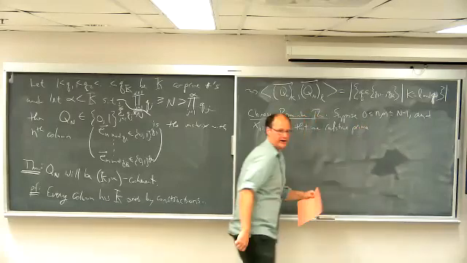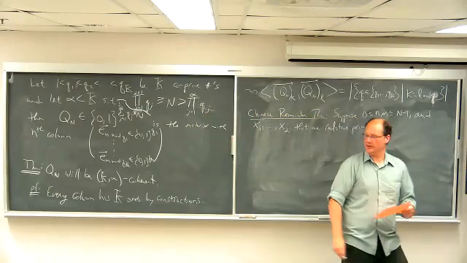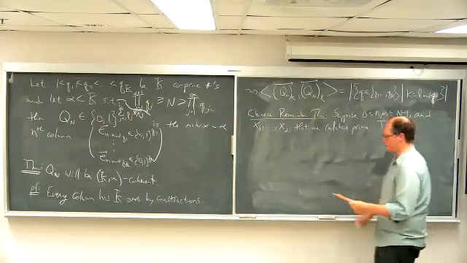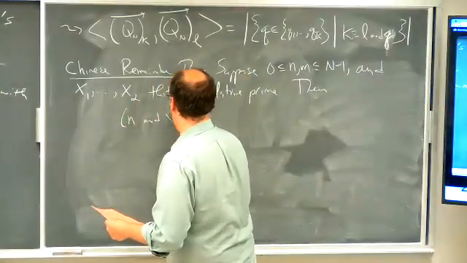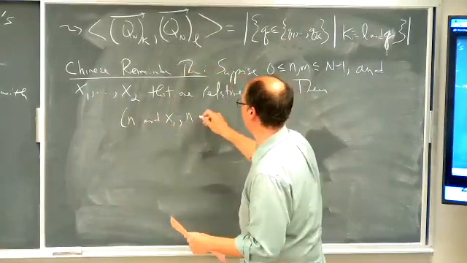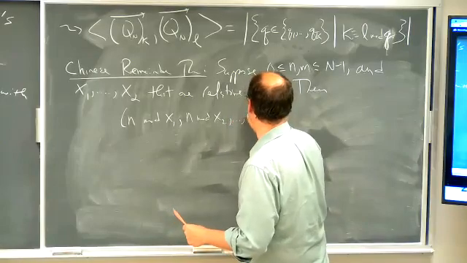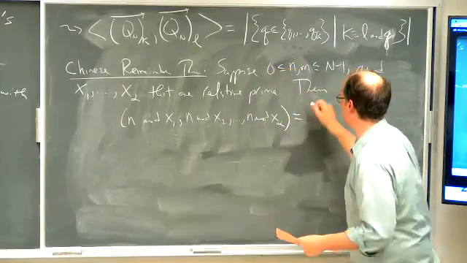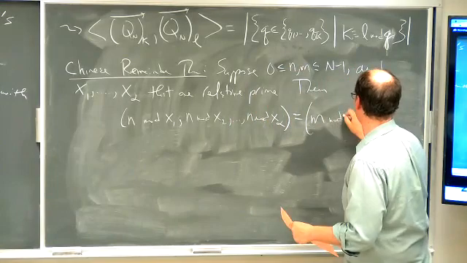They don't necessarily have to be primes, but if they're primes, it's easy to check that they're relatively prime. Then the following implication holds effectively. So n mod x1, if I take this, I'll create a vector of length alpha by taking n mod each one of these values. And it happens to be equal to the other guy, m mod each one of these values.